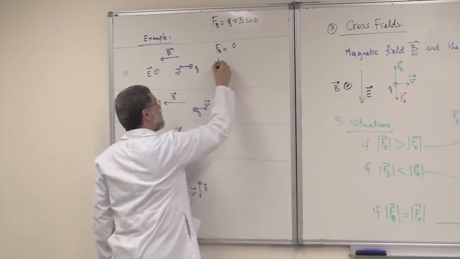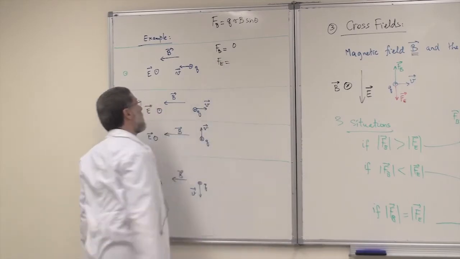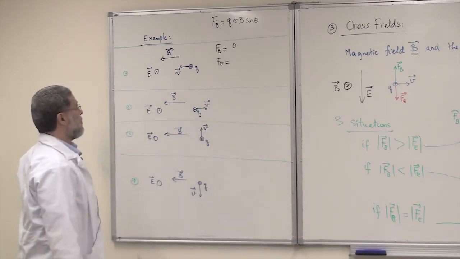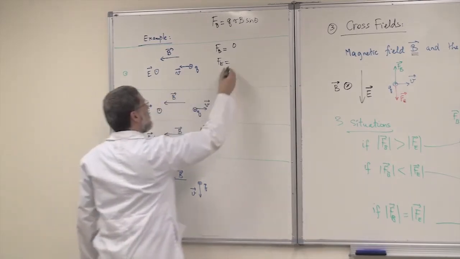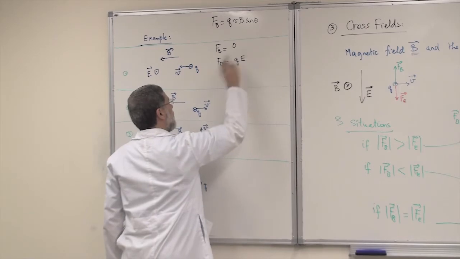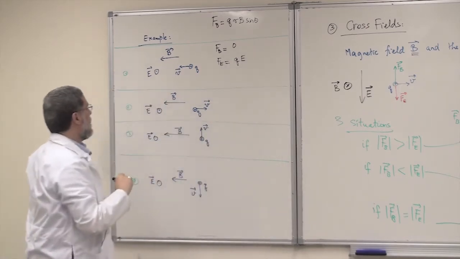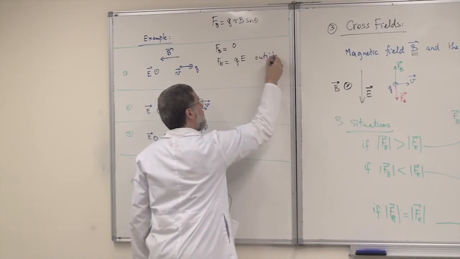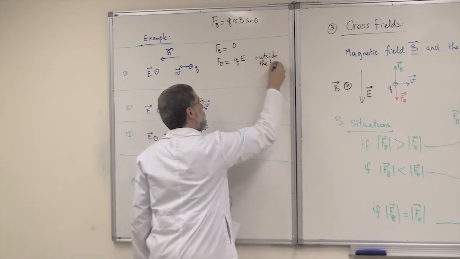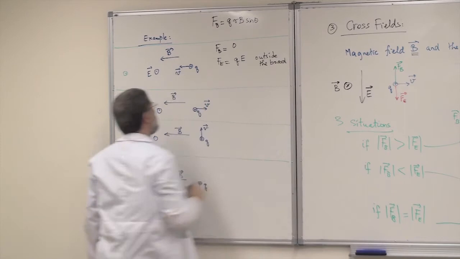And FE in this case will be in which direction? FE, for a positive charge, first of all, is Q times E. That's the magnitude of it, and it will be outside the board. You agree? I hope you agree with me because this is a positive charge.